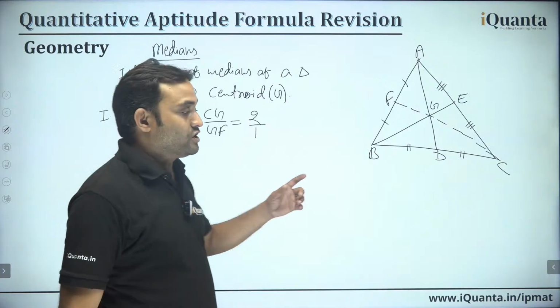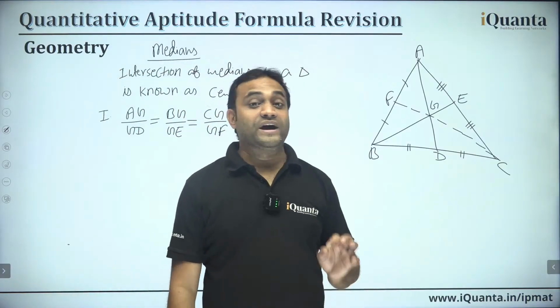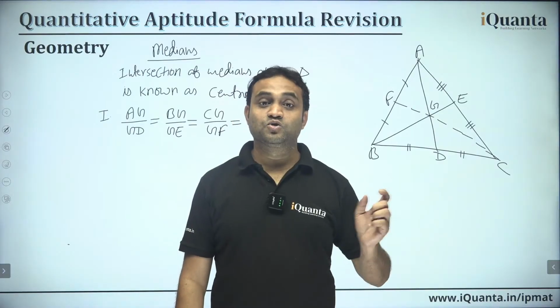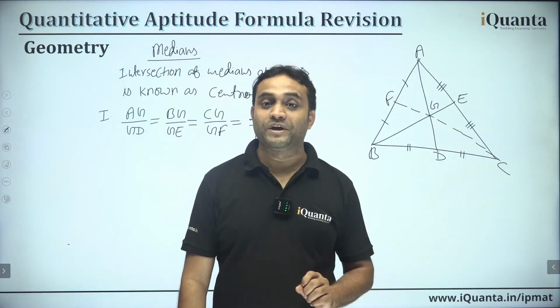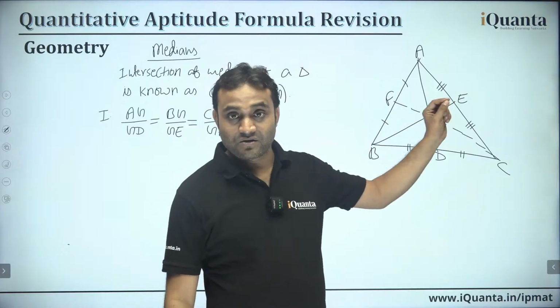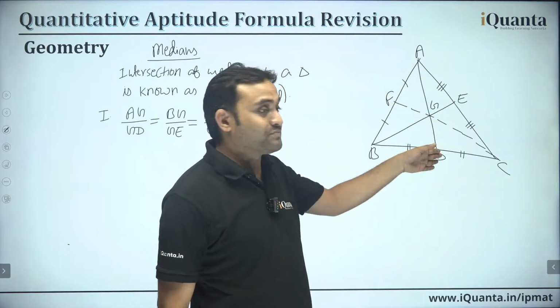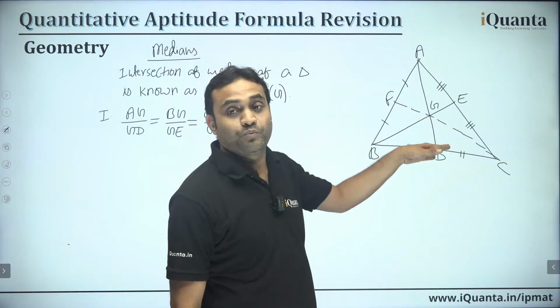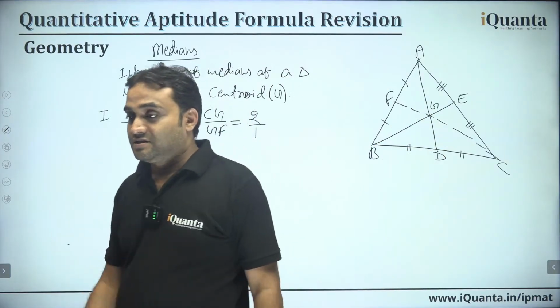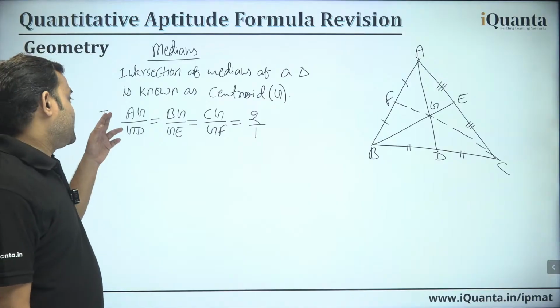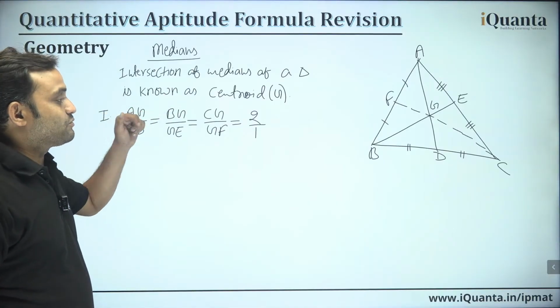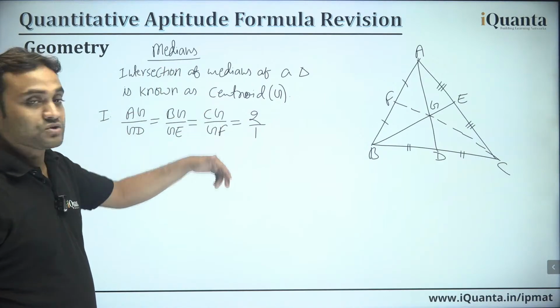In language, we also say the centroid of a triangle divides its median into a 2:1 ratio from vertex to base, which is written here. AG upon GD is equal to BG upon GE is equal to CG upon GF is equal to 2:1.